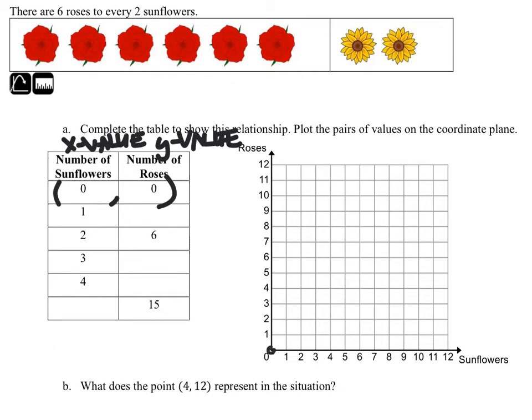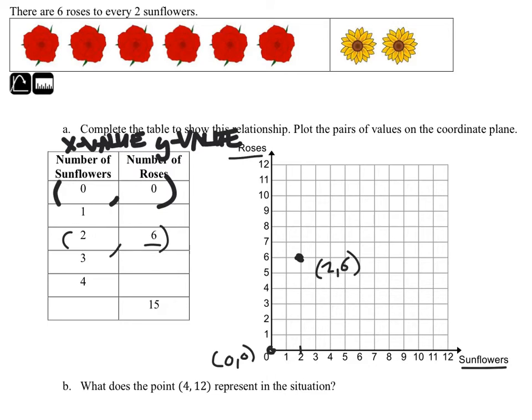X is 0, y is 0 right there, so we can label that 0, 0. But they also gave us this point right here, 2 sunflowers, so I see x is sunflowers, 2 sunflowers, and 6 roses. Y is the roses, so 6 and 2, 2 and 6 rather, would be this point, 2, 6. But we should figure out these other ones.